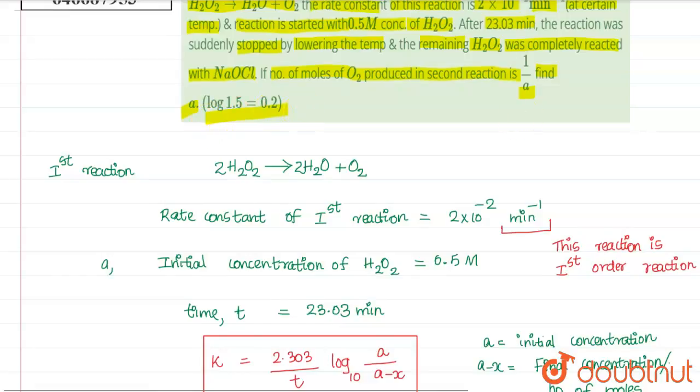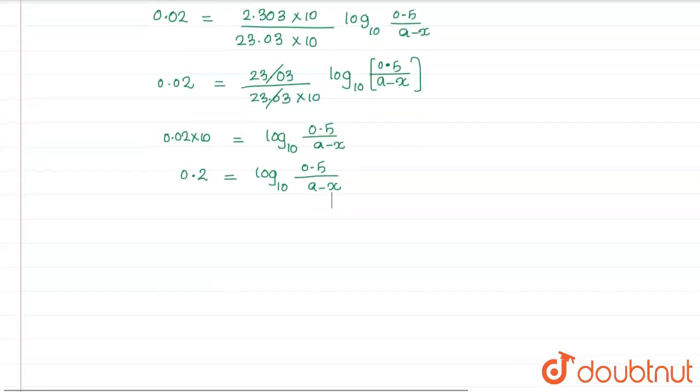So we can substitute for 0.2 as log 1.5 is equal to log 0.5 divided by A minus X.